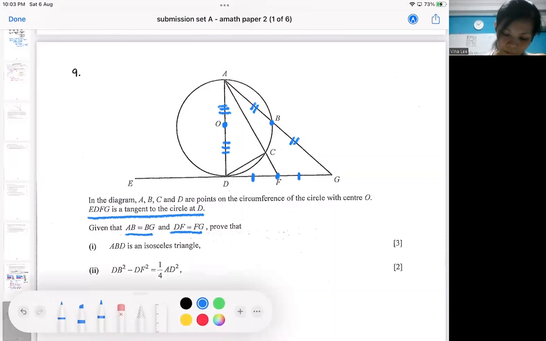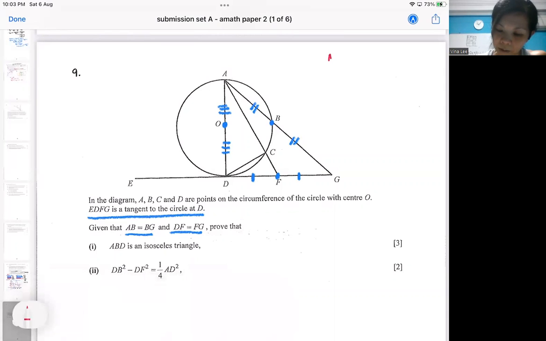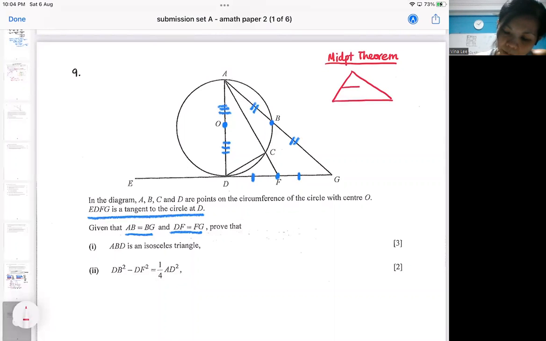If any one of you is wondering what exactly the midpoint theorem is, I'm going to put it at the corner here. For the midpoint theorem, you need two conditions.